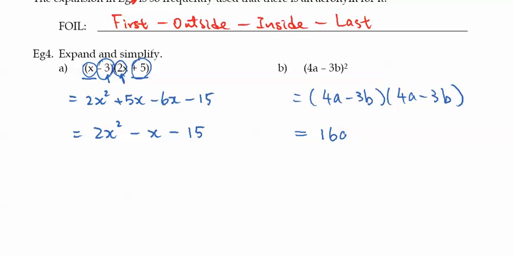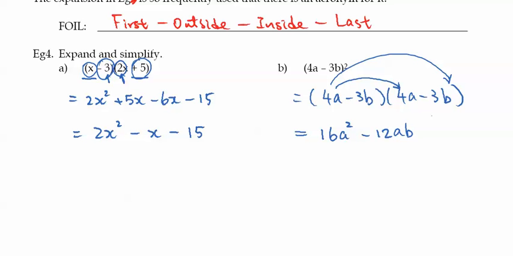4a times 4a. 4 times 4, a times a, altogether 16a squared. This is first. Then the outside. 4 and 3 give us 12. Don't forget your minus. And then a times b.